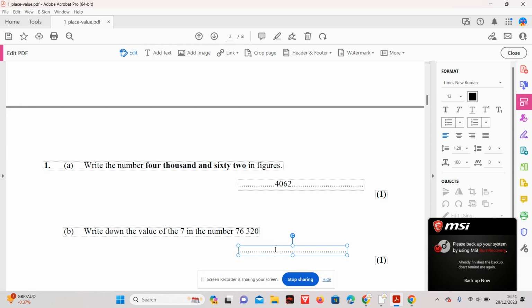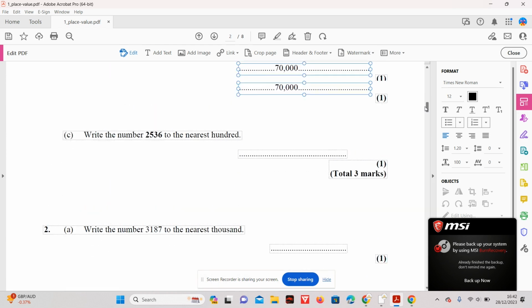And because it's in the 10,000s column, it means it'll be a number anywhere between 10,000 and 90,000. Because it's a 7, that makes it 70,000. If you say the number yourself, you say 76,000, and you kill the word 70. So therefore, it would be 70,000. And we move on to the next question.